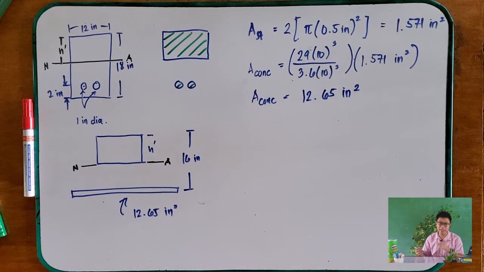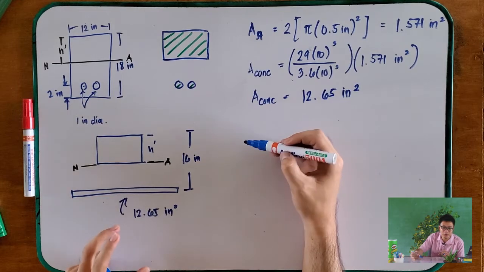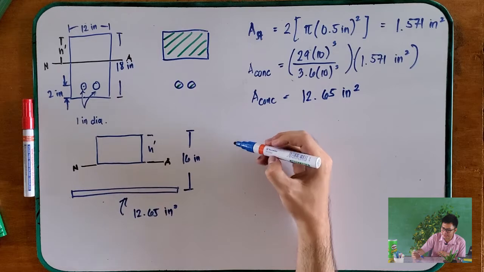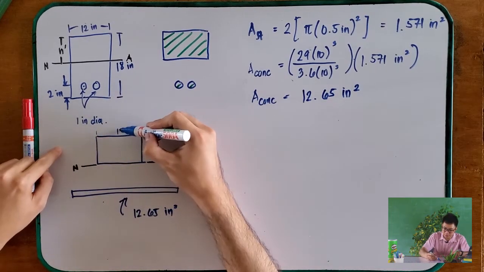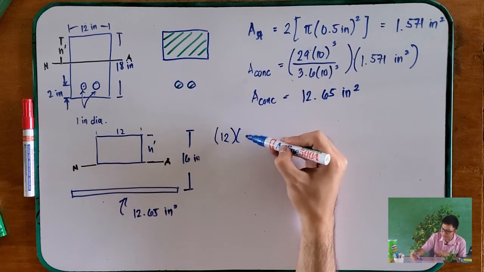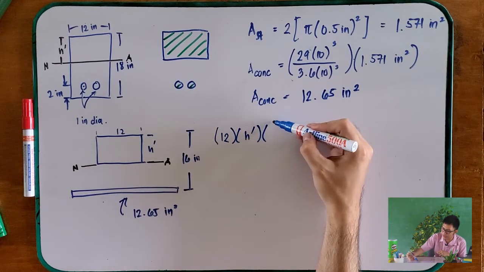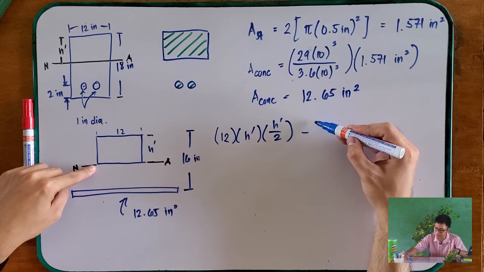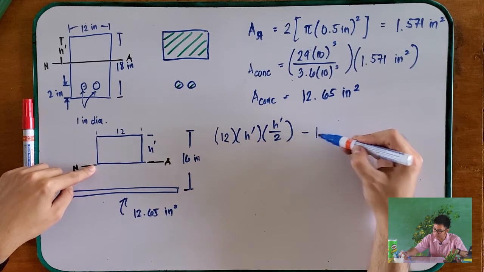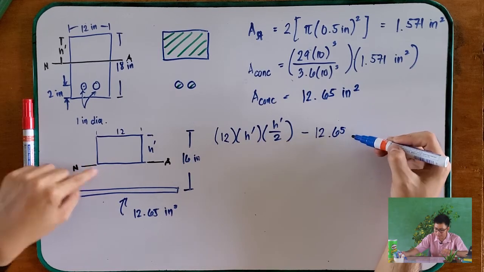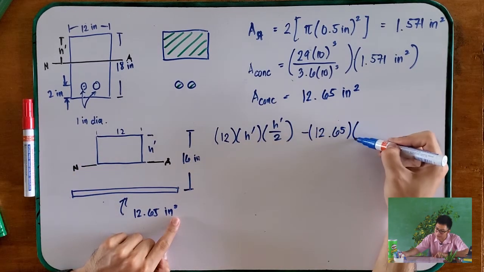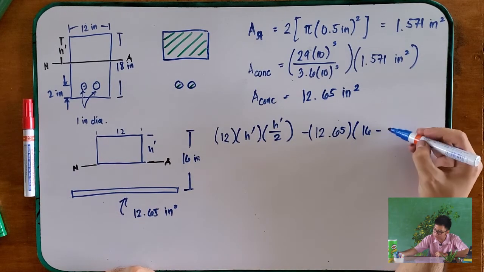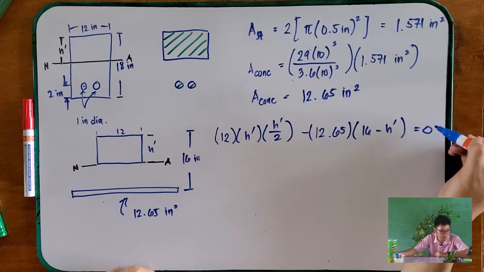To get the location of the neutral axis, we use the moment about the neutral axis, area moment. So what is it? This one is 12, so base 12 times height h bar times location h bar over 2, then minus this area, which is 12.65 inches squared times location, which is 16 minus h, equals 0.